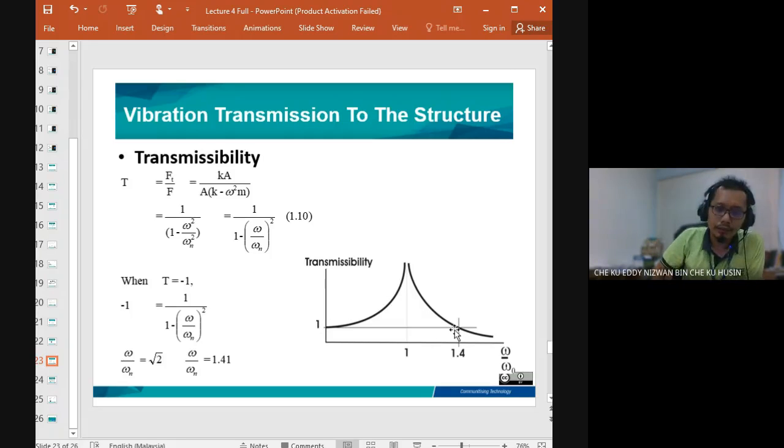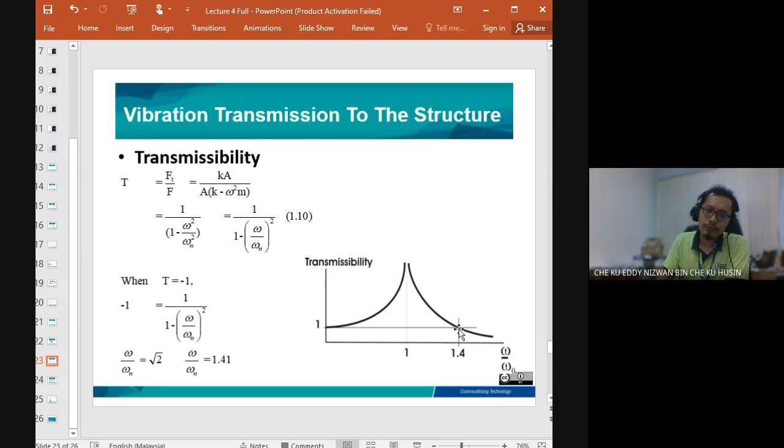Of course it goes in the opposite direction, which is out of phase. Based on this relationship, when the transmissibility is -1, the frequency ratio is equivalent to square root of 2, which is 1.41.